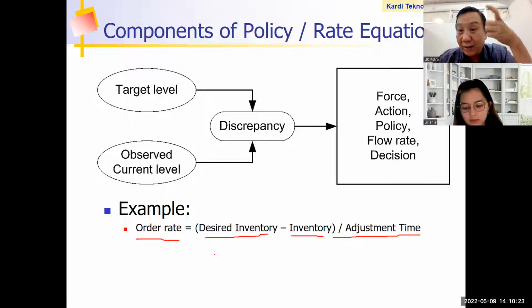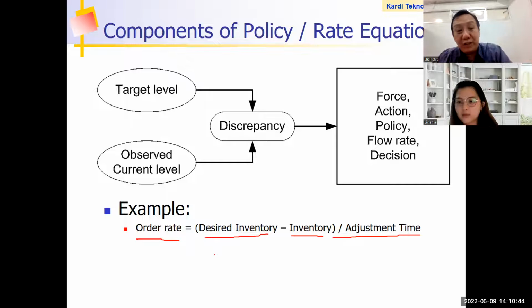You need to have a target. What is the goal? Second, you need to have the level, which is the current observed level. Number three, you calculate the discrepancy, the difference or the ratio between them. And then based on that, you create action, which is the order rate. Remember, action means rate.